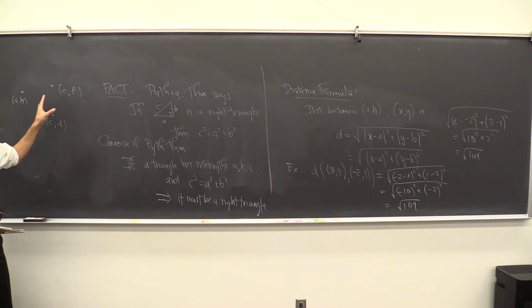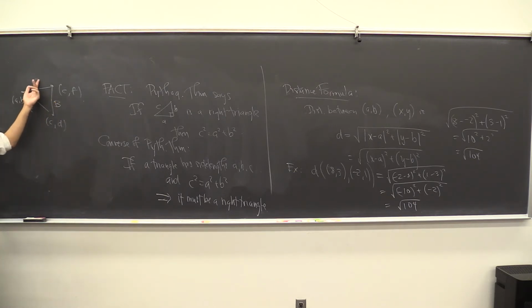If somebody gives you 3 random points, you can calculate the 3 distances A, B, and C, and then see if b squared is a squared plus c squared, or c squared is a squared plus b squared, or something like that. If the square of one of them is the sum of the squares of the other 2, then it must be a right triangle.